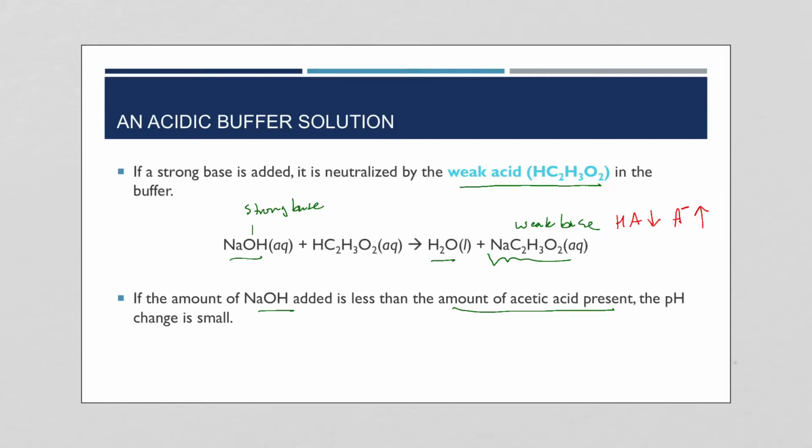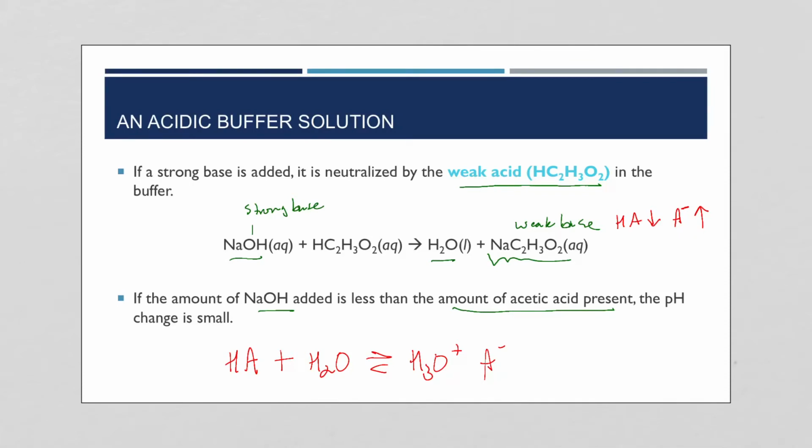So if we just, again, remind ourselves that we have an equilibrium here of our weak acid producing hydronium ion and A minus. So as this A minus creeps up and this HA creeps down, right, this equilibrium is going to be disturbed.